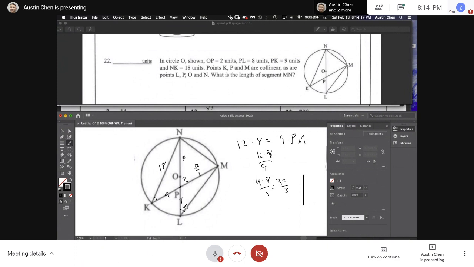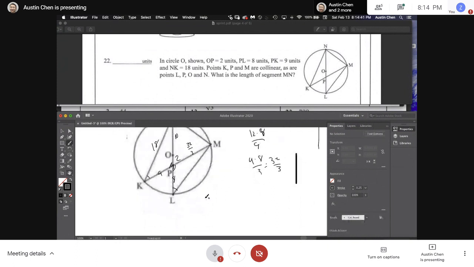So they had to have the same angle. And these two angles are the same just because they are vertical angles. Then these two triangles are similar by AA. Then we can find what the length of this side is, ML, because we have a ratio here, 9/8, and we have this long length. So then we can find what ML is.